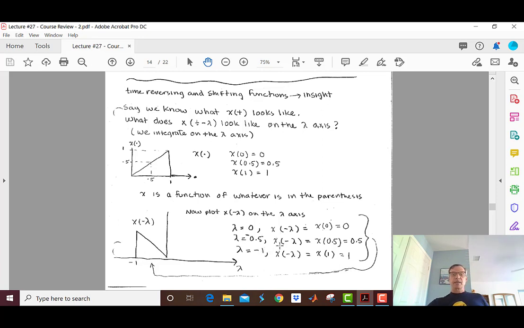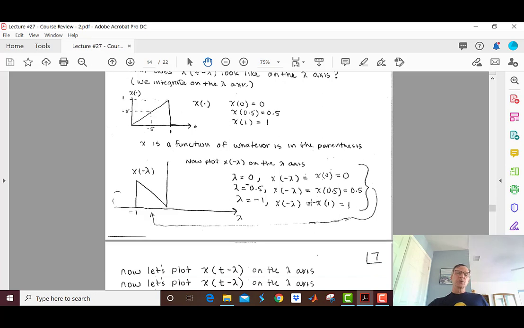And that means x of minus lambda is going to be x of 0.5, and x of 0.5 is right here, because what is in the parentheses is 0.5. And here's my point. And by then I can see where it's going, and I know that x of negative 1 is going to be 1. So here's time reversing.